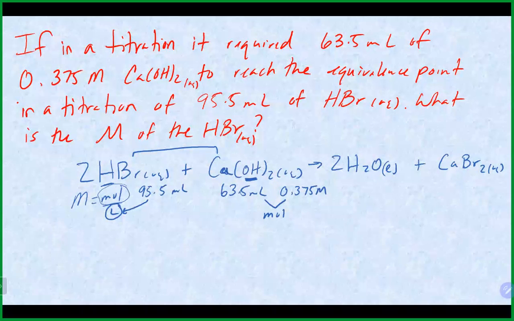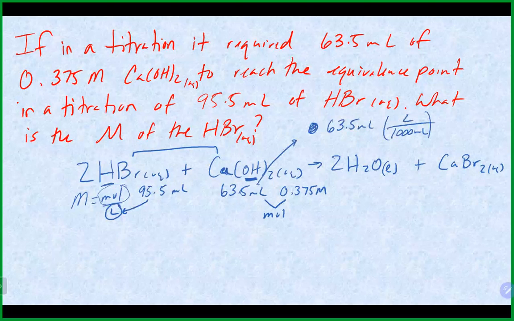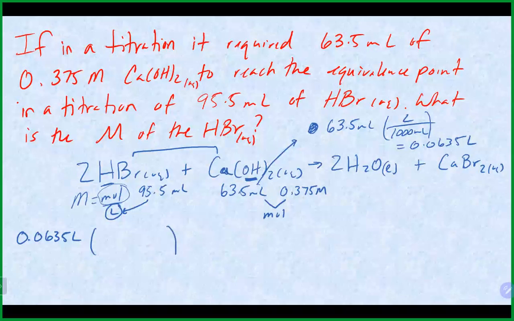So just like we've been doing, we want to make sure that our volume here is always in liters when we're using molarity by itself. So we'll divide by 1,000, or you move the decimal place 3 places, gets you 0.0635 liters. So this will be our next step, which is taking the only thing that we could get to moles with, which is the calcium hydroxide, and using our volume and the molarity of our calcium hydroxide, which is 0.375 moles per liter of calcium hydroxide.